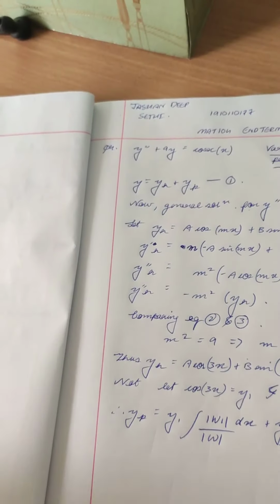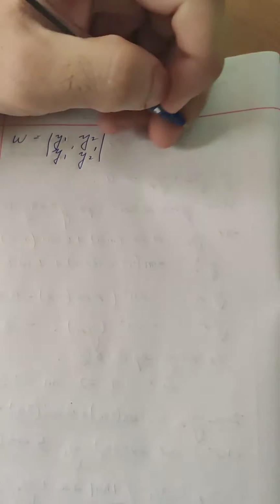They are determinants. So let me just flip the page, right? So it will lead us to w equals to y1, y1 dash, y2 and y2 dash. So we'll calculate the determinant, right?